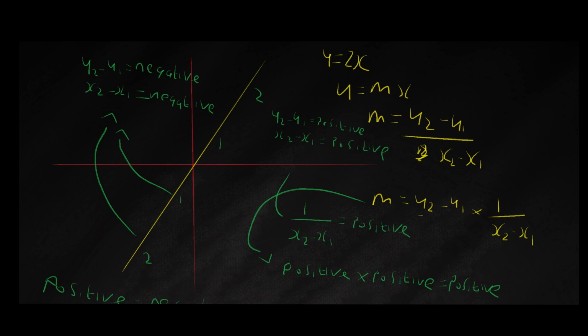Bearing in mind that we still have a positive gradient on our graph, let's look at an example, which also demonstrates how the position of the points taken to find the gradient doesn't change it.